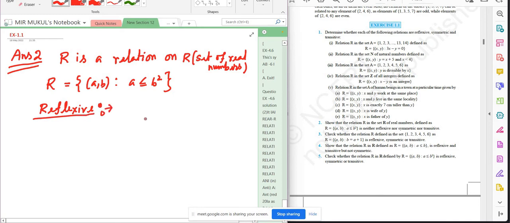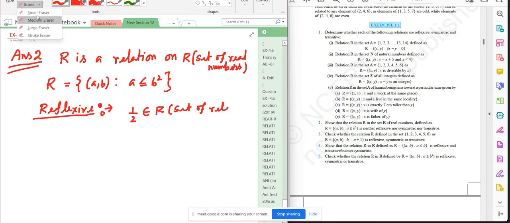If it is not reflexive, then how can we check? See, 1 by 2 belongs to R, that is, the set of real numbers.